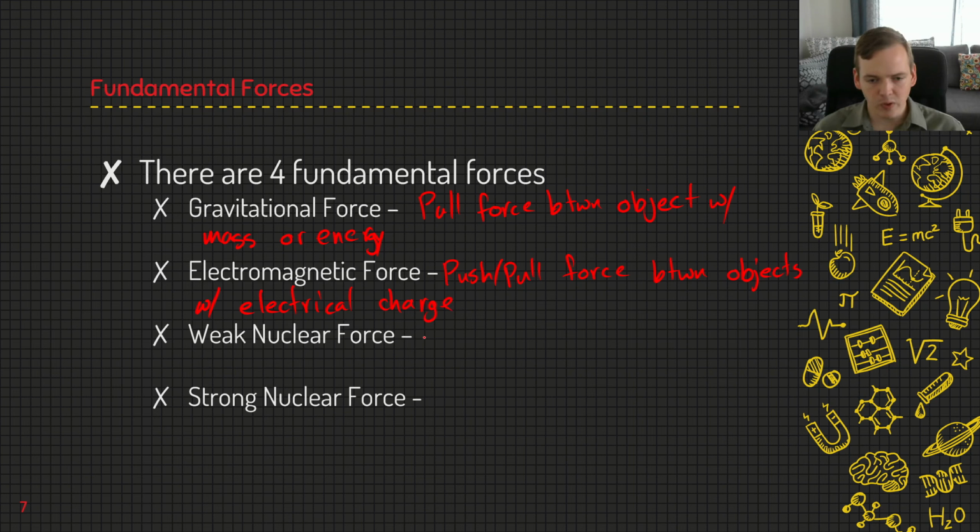The weak nuclear force is responsible for neutrons decaying into protons. And the strong nuclear force is the pull between touching protons and neutrons.